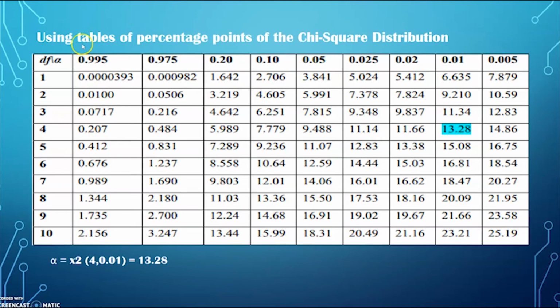So we look at the table of percentage points of the chi-square distribution. Basically, df is equal to 4 and alpha is equal to 0.01. From the table, we get the value 13.28.